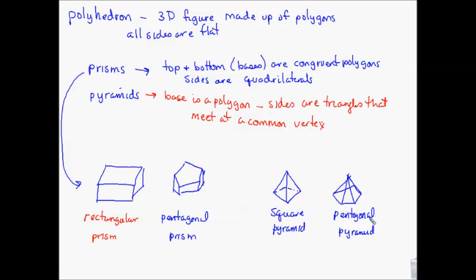So whatever that shape is that's on the bottom of the pyramid, or on the top if you have it flipped over, is the name of the pyramid, and then all the sides are going to be triangles that meet at a point. So basically the only difference between a pyramid and a prism is you have two bases on a prism that match. You have one base in a pyramid, and the prism has rectangles around the sides and the pyramid has triangles.